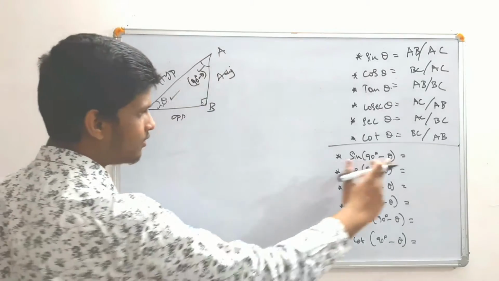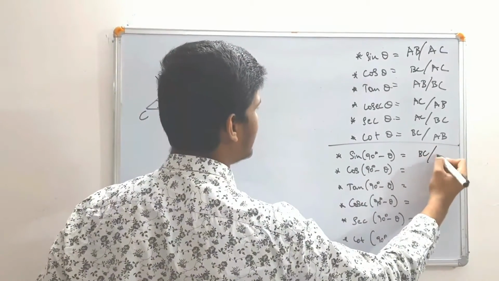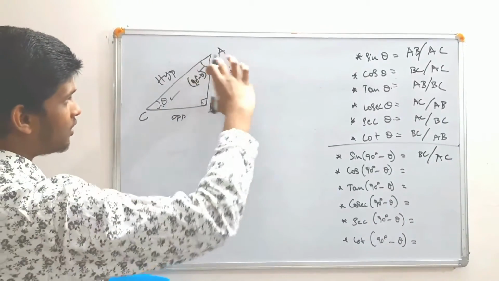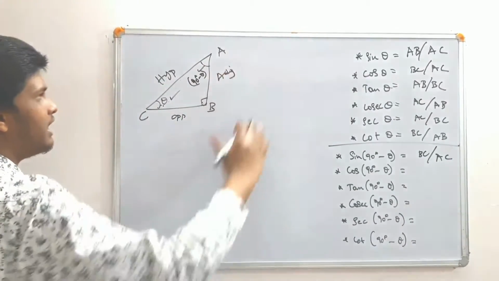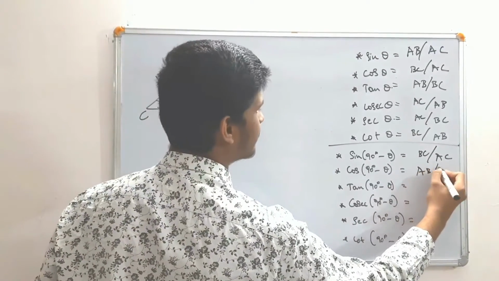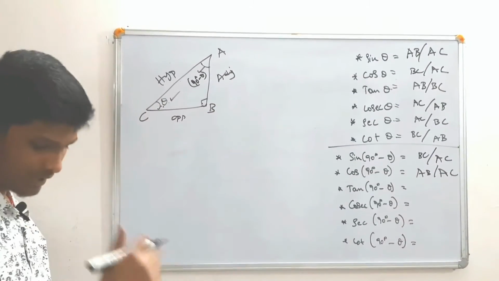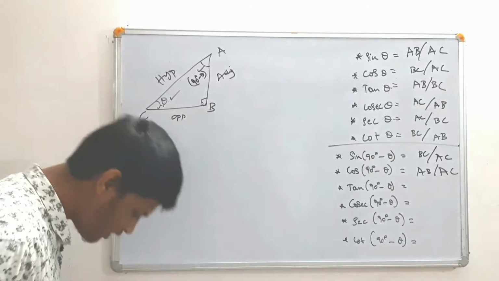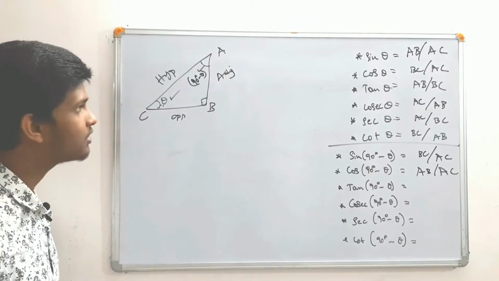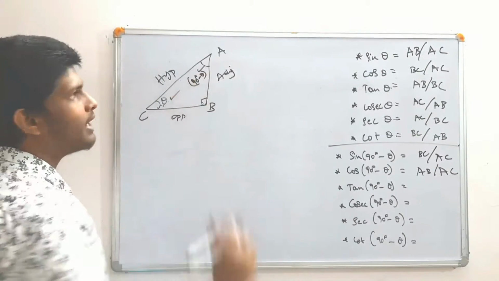So this is angle A, so for sine A it is BC by AC, am I right? For cos, AB is the adjacent side and AC is the hypotenuse, so AB by AC. Did you see? And for tan A, is this AB by BC or BC by AB?